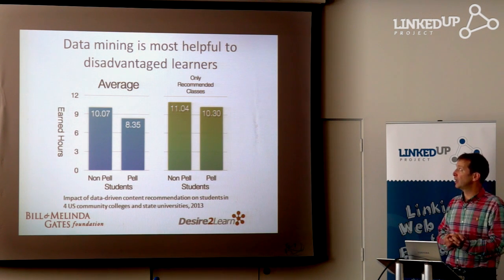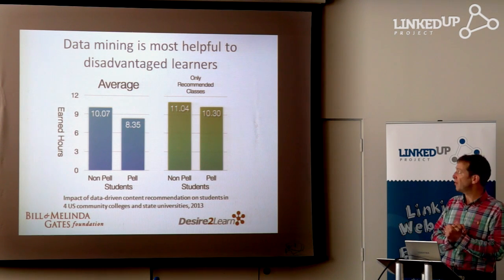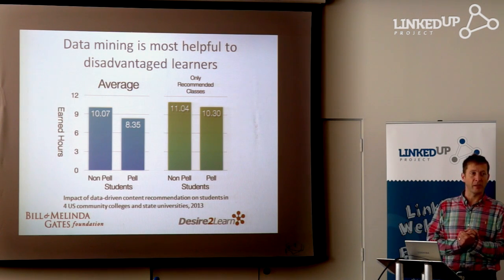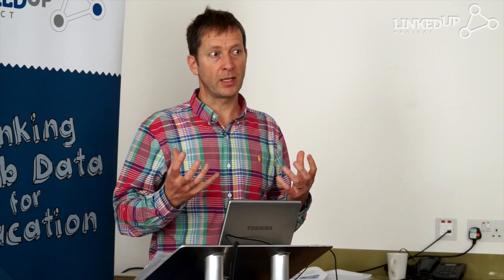When you bring in an intensive exploitation of the data in the system, you can effectively close that gap, that achievement gap. And I think that's exciting because it does allow us to think that the job of data in any of these education-based systems is actually to address the needs of the most disadvantaged learners. That's actually what the technology seems to be saying to us, in this case anyway.